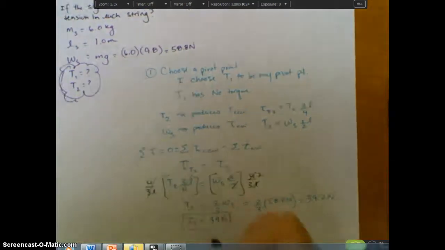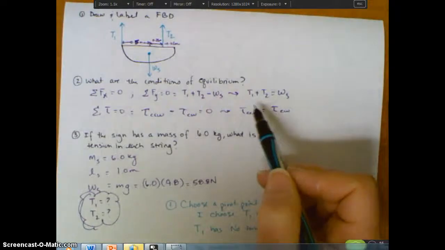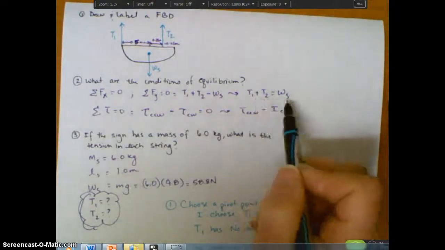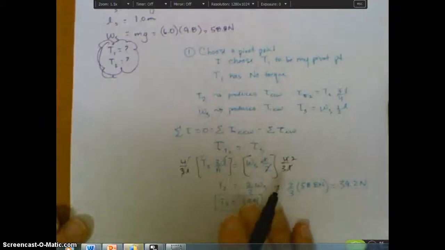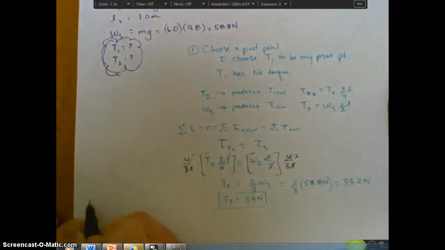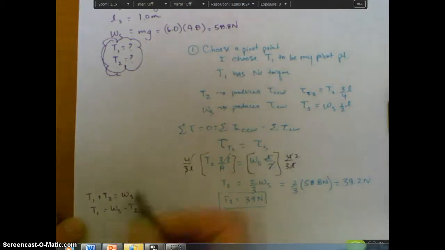Now I still have to find T1. I'm going to come back up here and use this equation to help me find T1. I'll do this in purple here, right next to T2. I knew that T1 plus T2 equals the weight of the sign. Rearranging, T1 equals the weight of the sign minus T2.